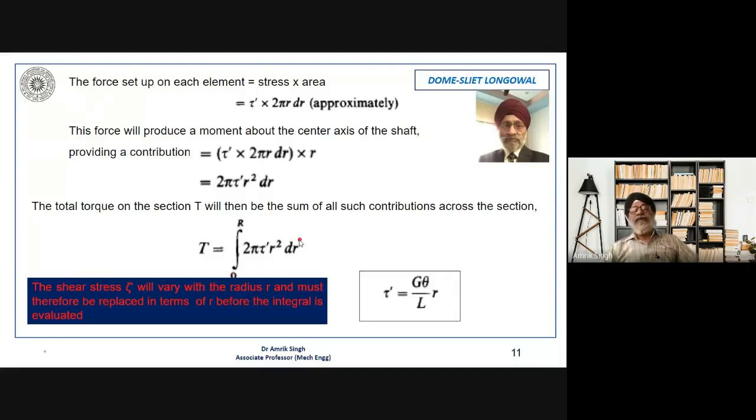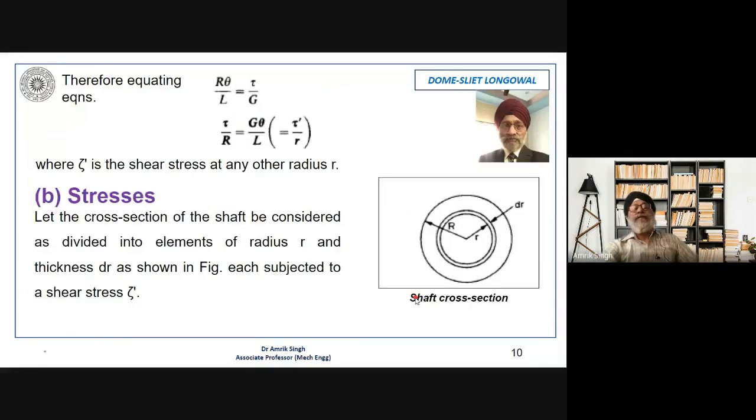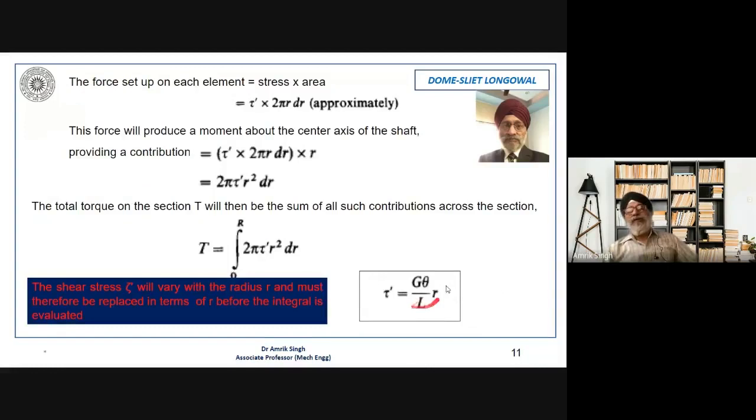From the previous relation, tau dash is equal to G theta upon L times r. So the shear stress varies with the radius; it is directly proportional to the radius, and therefore tau dash is replaced by this before the integral is evaluated.